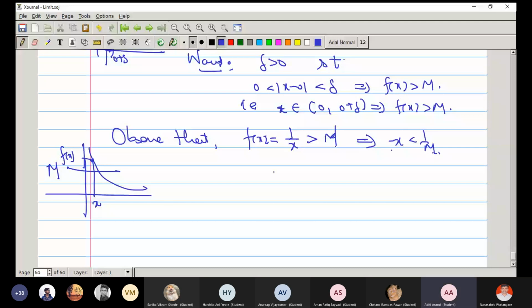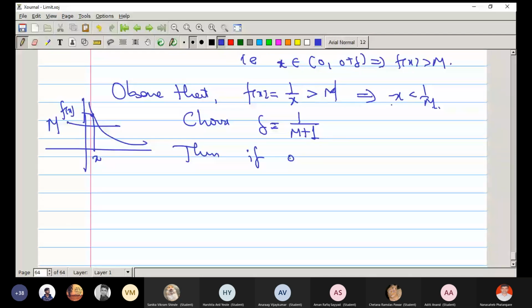Choose delta equal to 1 upon M plus 1. I will choose a sufficiently smaller delta. That is better.